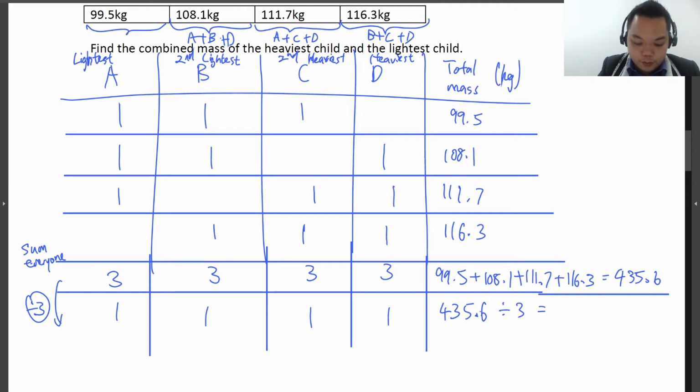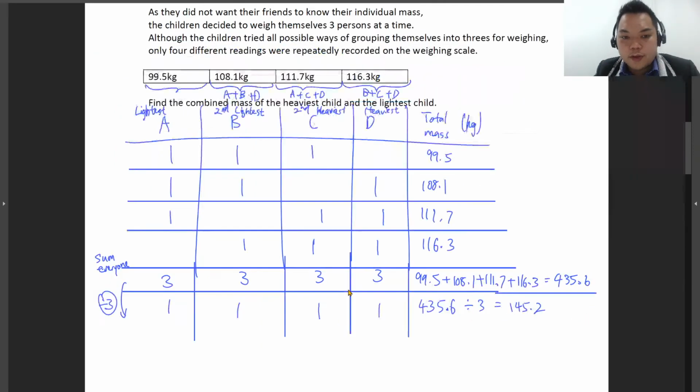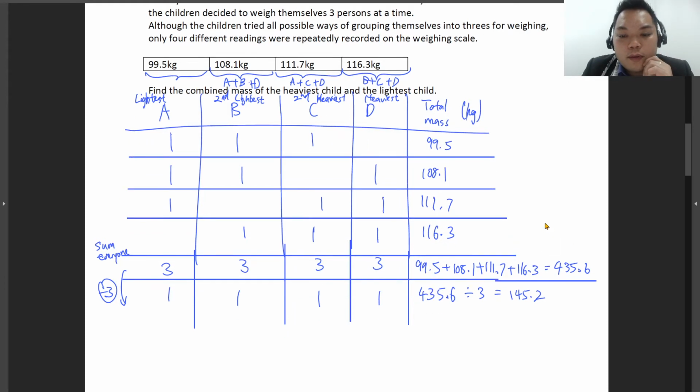Okay, so Kayla Fu, you are quite close in your idea. You were saying to sum up everyone and then divide by 4. Now that we've obtained this amount already, we know that everyone weighs 145.2 kg altogether.